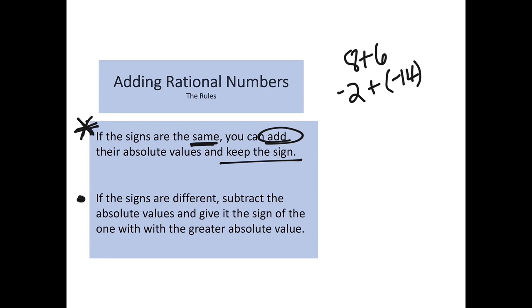If the signs are different, so say we have 4 plus negative 8, then we have to subtract their absolute values. So I'm going to take 8 minus 4, which is 4. And then whichever number has the greater absolute value, I'm going to keep that sign. In this case, negative 8 has the greater absolute value, so my answer is going to be negative 4.